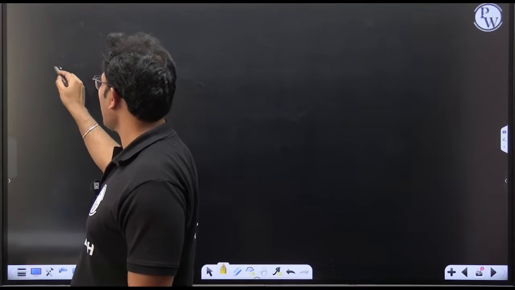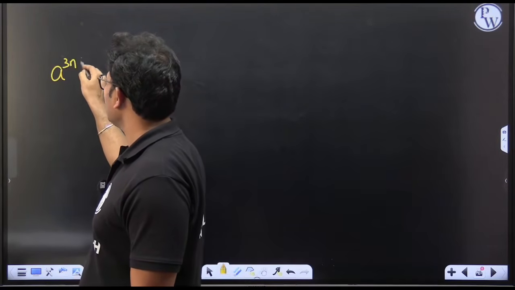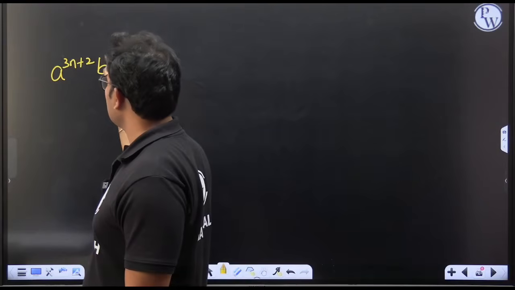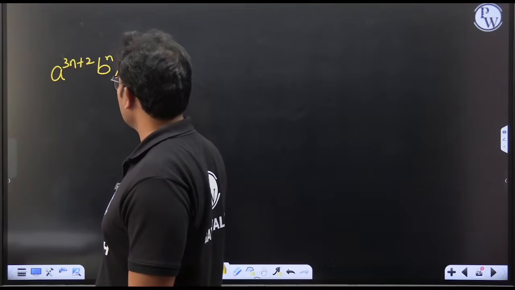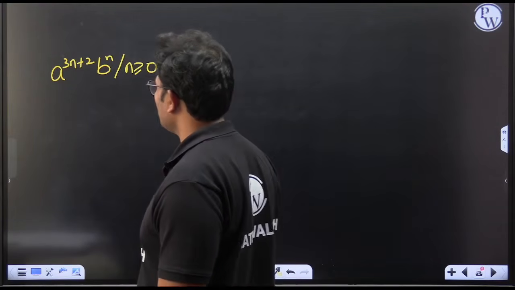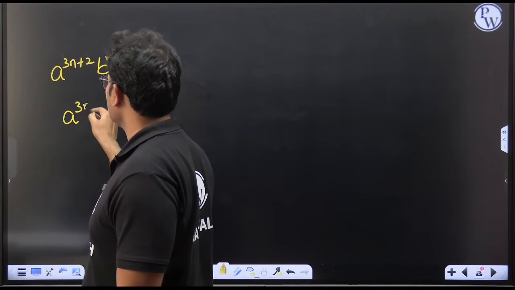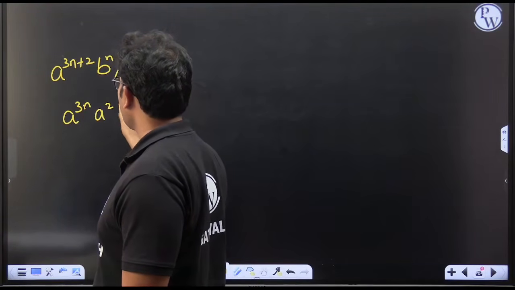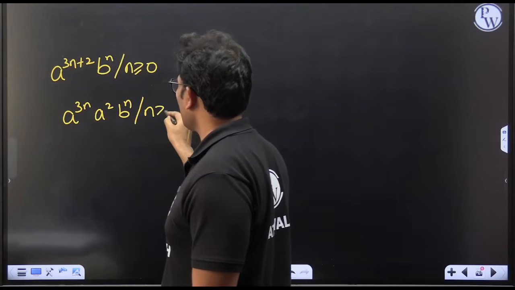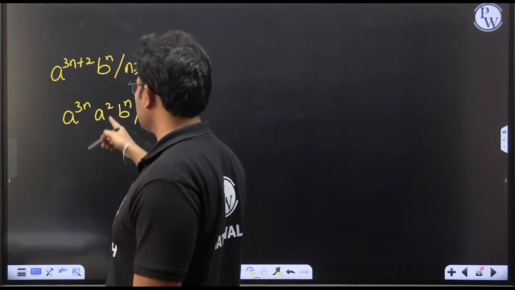Now if you want to have A power 3n plus 2, B power n such that n is greater than or equal to 0, how are you going to write it? You are going to write it as A power 3n, A square, B power n such that n is greater than or equal to 0. Minimal string is A, right?